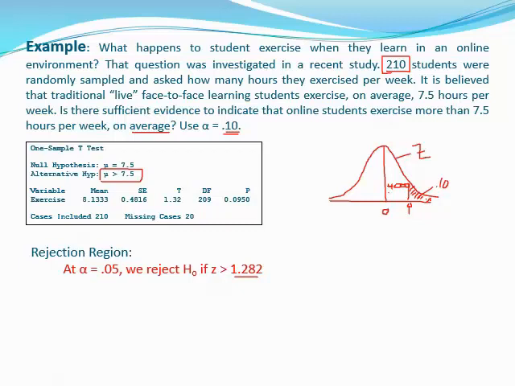That'll work too. And our test statistic in this case, our test statistic is, wow, just barely, right? 1.32, just barely bigger than the 1.282. But big enough. It's further out in the tail. It's in the rejection region.